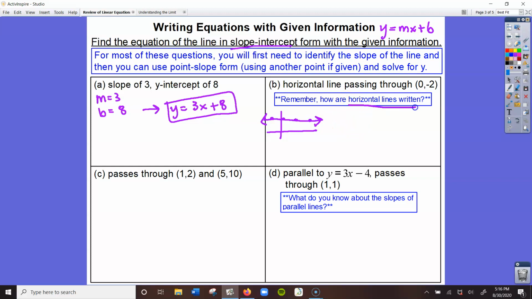Therefore, all horizontal lines are written as y equals whatever number the y is equal to. If I look at the coordinate, the y value is -2. Therefore, the equation of this line is y equals -2.